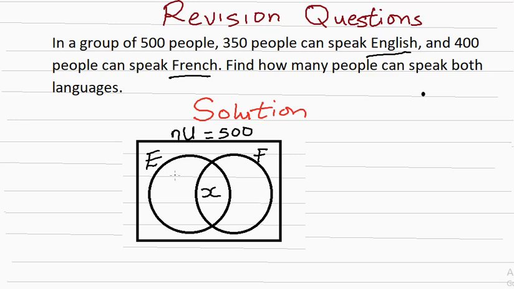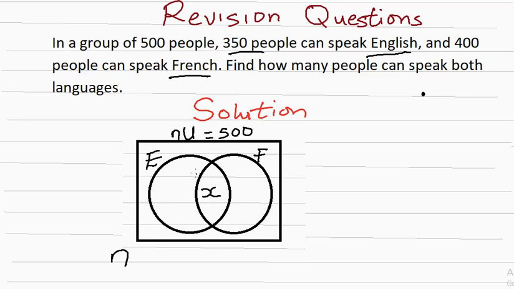We are told that 350 people speak English. The entire circle of English also includes the intersection.